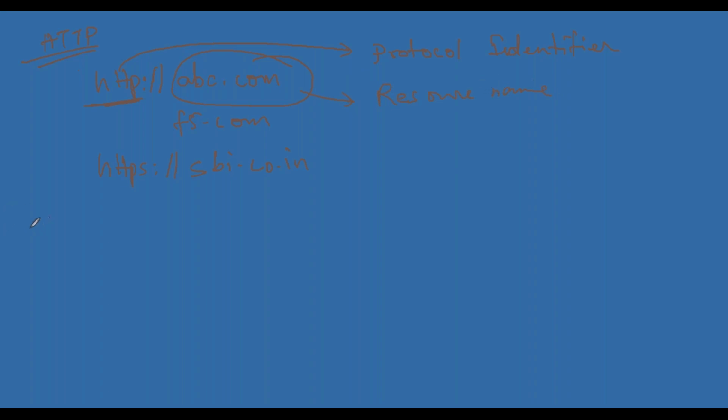Let's assume that I have typed this big URL, https://web.f5.com/kb/en-us/search.html?product=ASM.